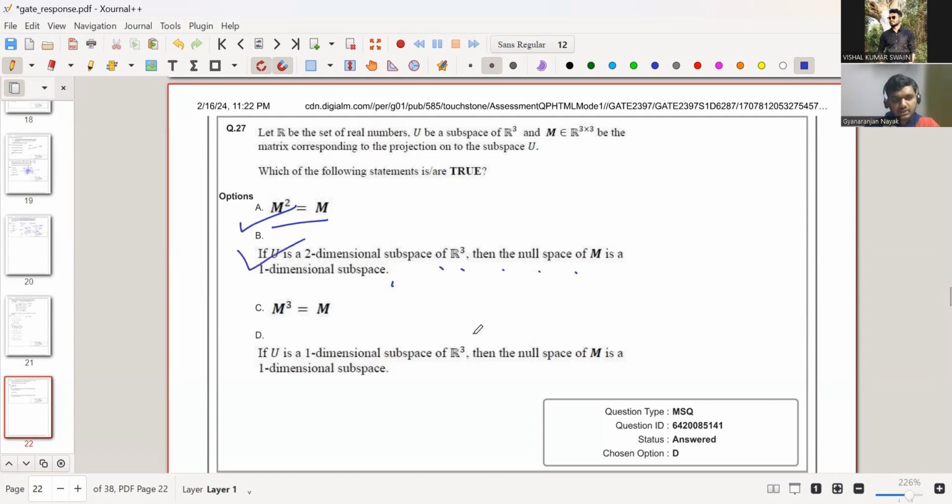It is also true. And you notice that M cube equals M, it is also true. So options A, B and C are always true. If U is a one-dimensional subspace of R3, then the null space of M is one-dimensional. It may not be true. So options A, B, C are true. So we proceed for next.